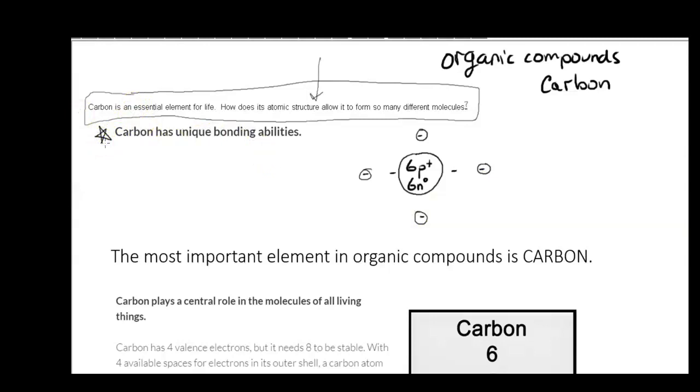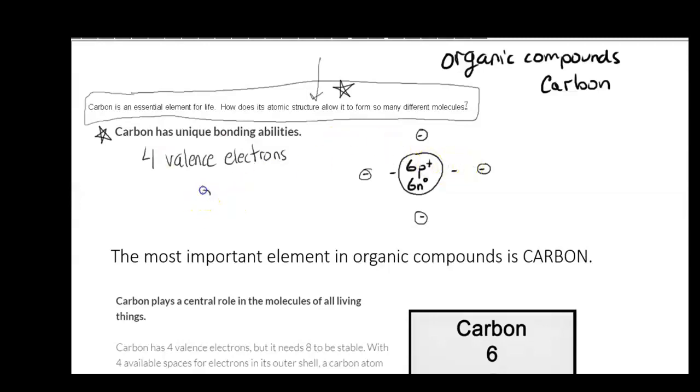So back to the question now, how does carbon's atomic structure allow it to form so many different compounds? It has 4 valence electrons. That is how its atomic structure allows it to form so many different molecules.